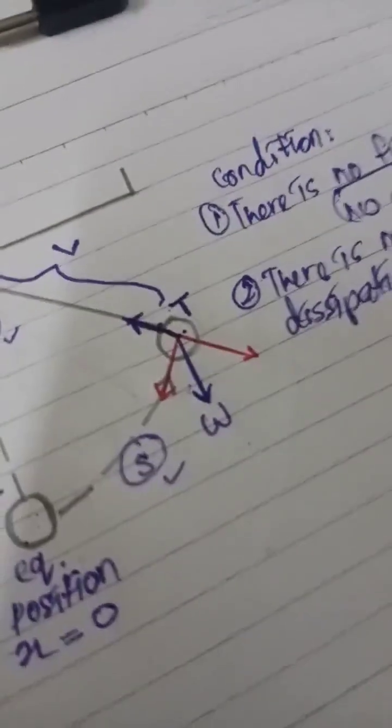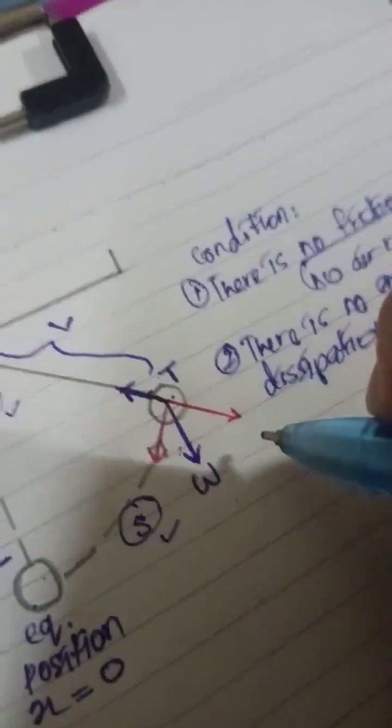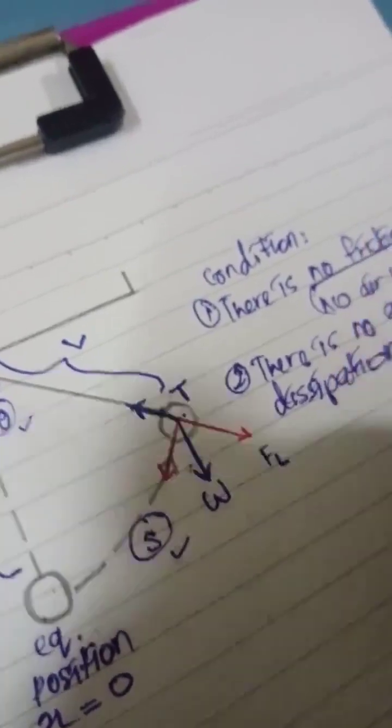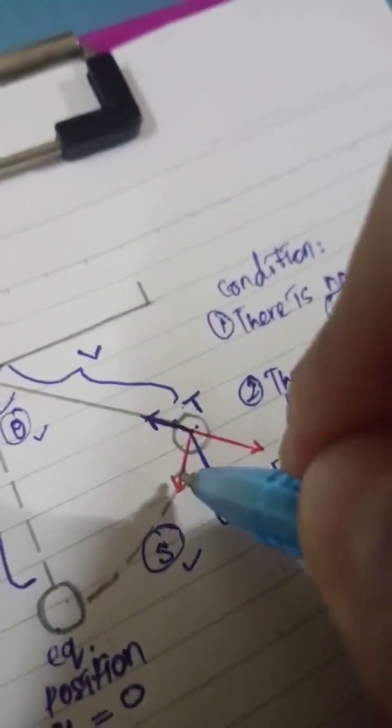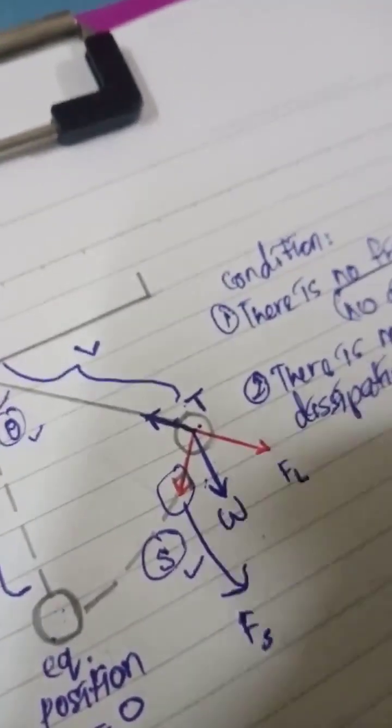So here is another distribution force, an additional distribution force. Here is the force which is called FL, and over here we have the force which is called FS.